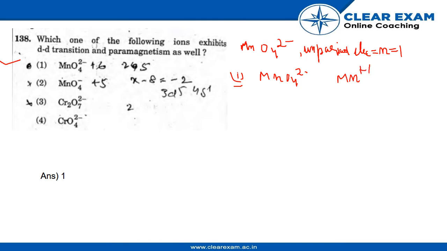So it is Mn plus 6, hence it has a configuration of 3d1, because Mn generally has 4s2 3d5, so it would now be 3d1, and so it has only one unpaired electron.